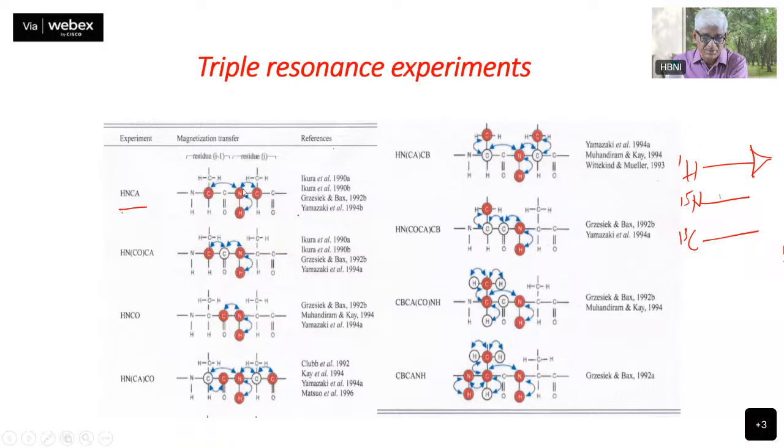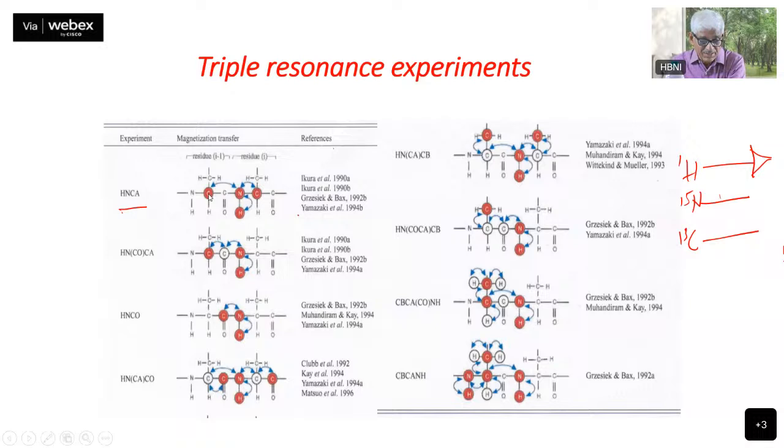This will be incremented, for example a T1 increment. You do a T1 incrementation here to frequency label the nitrogen. You transfer this to the C alphas, and then you label the C alphas. That means your T2 increment will be in the C alpha dimension. C alpha frequencies are labeled by T2 incrementation, and T1 incrementation leads to nitrogen frequencies.